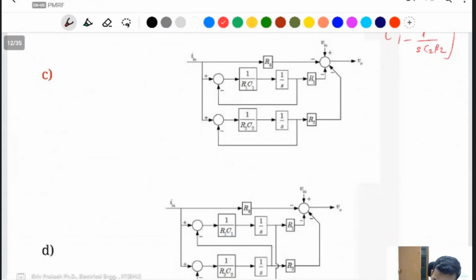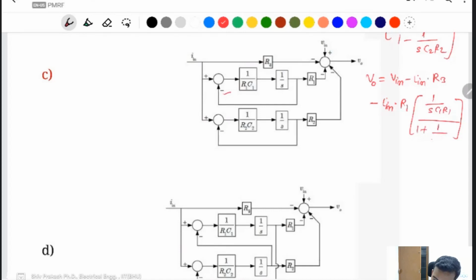Option C. Take V output is equal to V in minus I in into R3. So this is negative feedback, minus I in into R1 times 1 divided by S C1 R1. This is negative feedback, it means 1 plus 1 divided by S C1 R1.